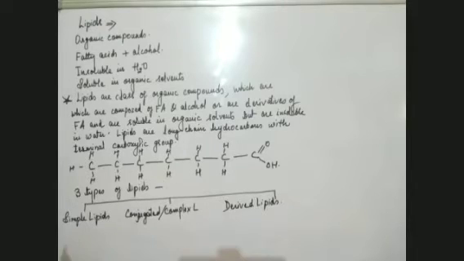Now, what are these simple lipids? Simple lipids consist of fatty acids plus alcohol. Their examples are true fats and waxes.